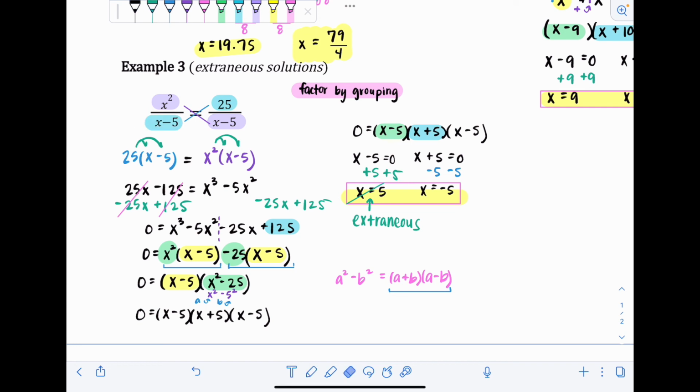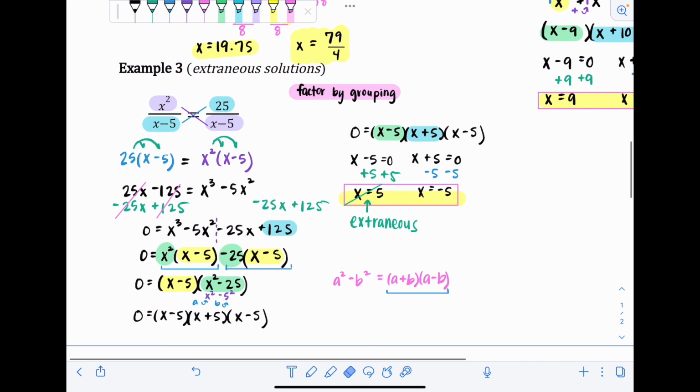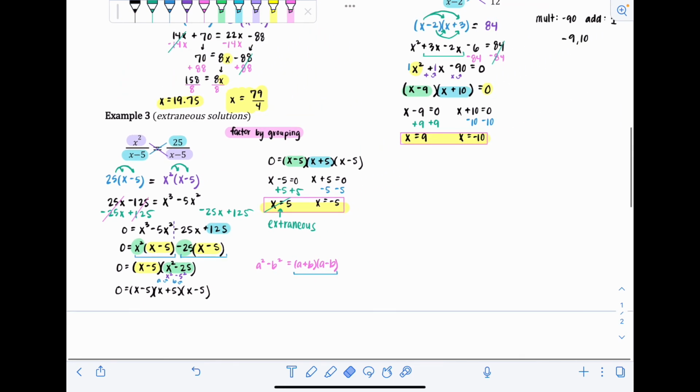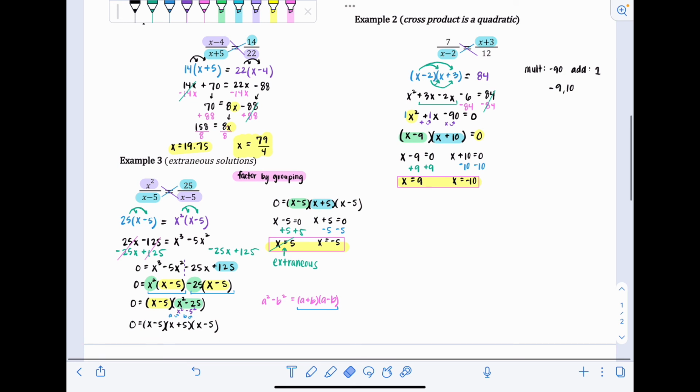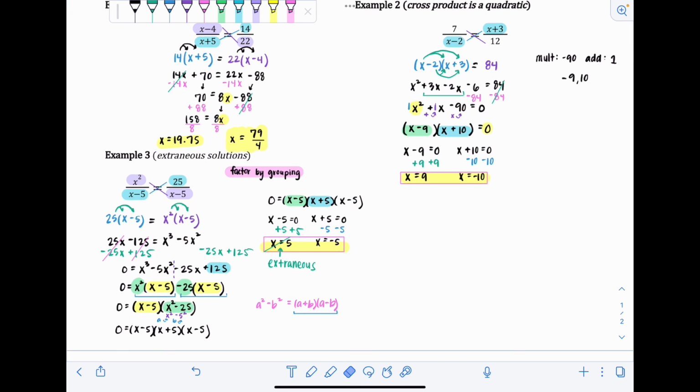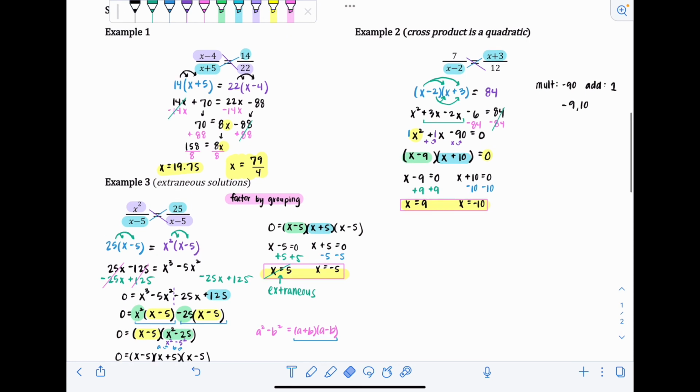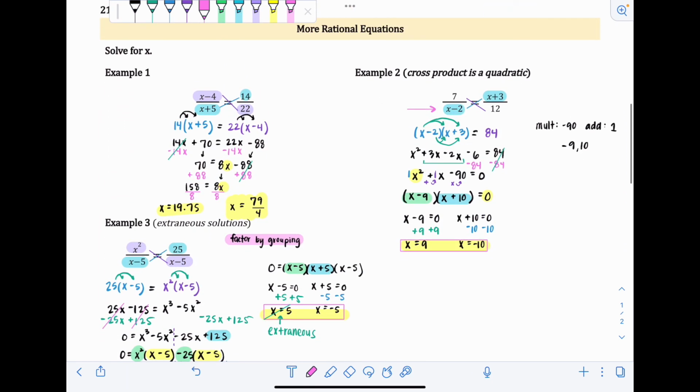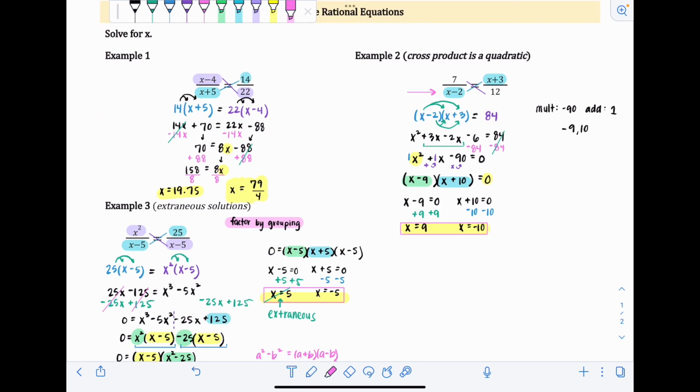I'm going to go back really quick and backtrack through the last few problems. Technically, there is the opportunity for extraneous solutions in any rational problem. We just didn't end up with any. If we look at example 2 from 21.2, the last example we did, the only thing in the denominator was an x minus 2 right here.